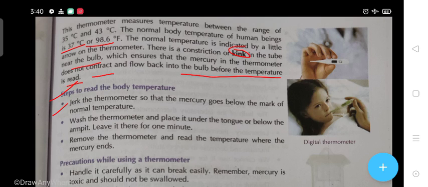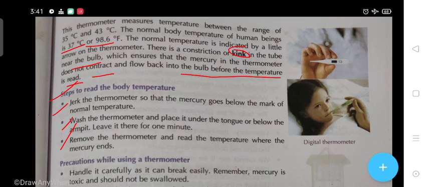First of all, jerk, students, and then wash the thermometer and place it under the tongue or below the armpit, because these two places can express the highest body temperature, and leave it there for 1 minute. For 2 minutes you will have to wait, and remove the thermometer and read the temperature where the mercury ends.